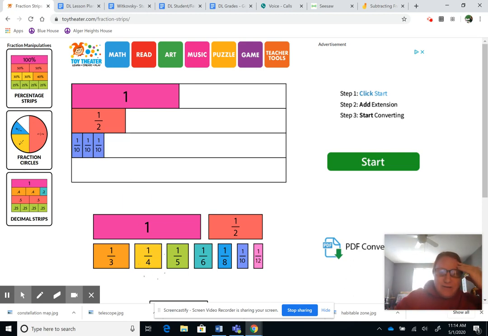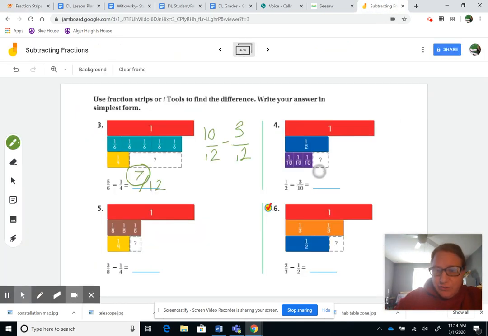But you can keep going. Sixths won't work. Eighths won't work. Tenths will. Now, this is the one that you could use here. And, excuse me, I subtracted and got 2/10. So our answer is 2/10.